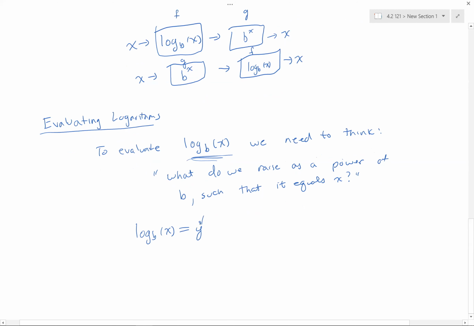So I'm interested in finding the value of y here. And how do I find that? Well, you have to think kind of backwards. Remember, this is equivalent to b to the y is equal to x. I want to know what power of b is equal to what's inside the function. That is what the logarithm is.